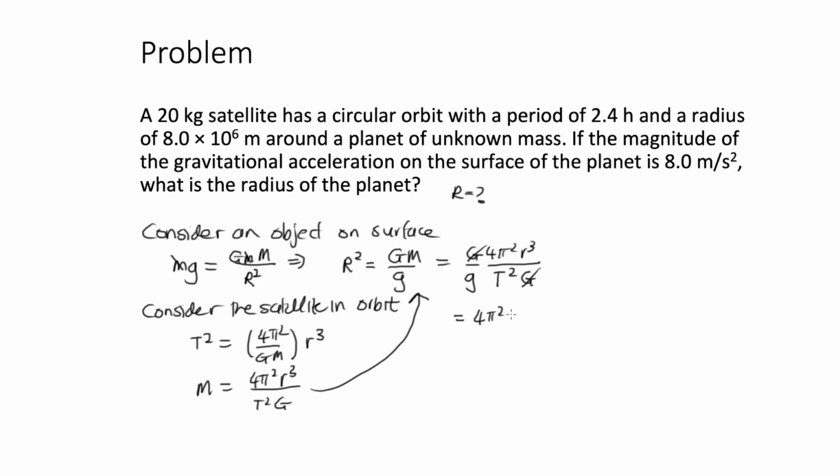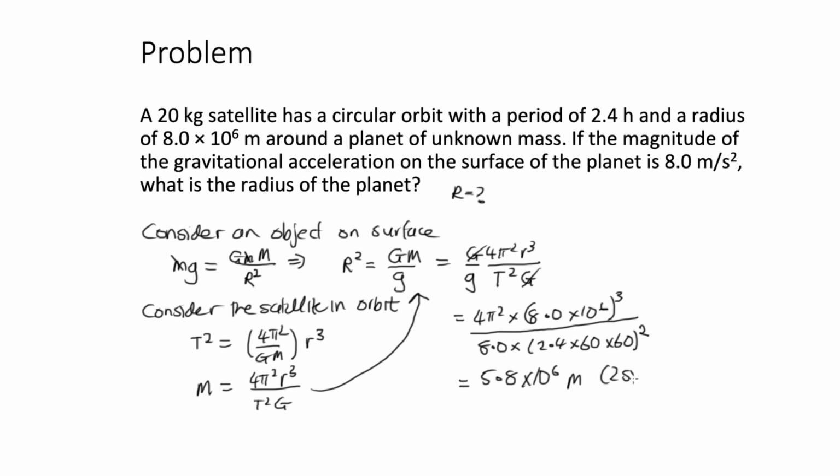So we've got 4 pi squared times R cubed, which is 8.0 times 10 to the 6, so that's cubed, divided by little g, which was 8, times the period squared, and the period is 2.4 hours, and then there's 60 minutes in an hour and 60 seconds in a minute, so that is squared. So we can then solve this on the calculator, and we end up with 5.8 times 10 to the 6 meters, and I've given this to two significant figures, as the values in the question are all given to two significant figures.